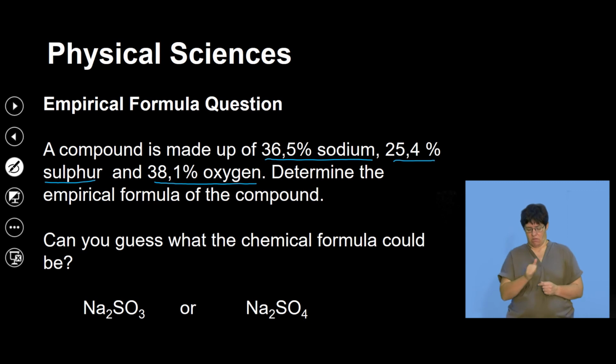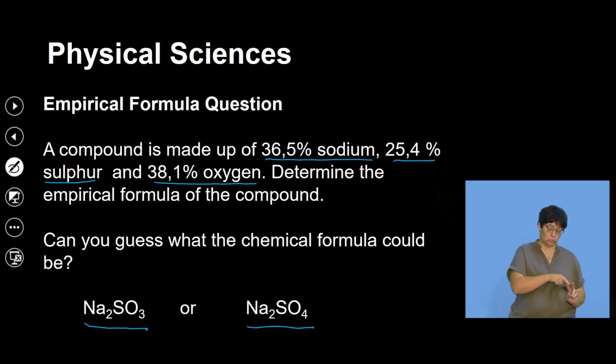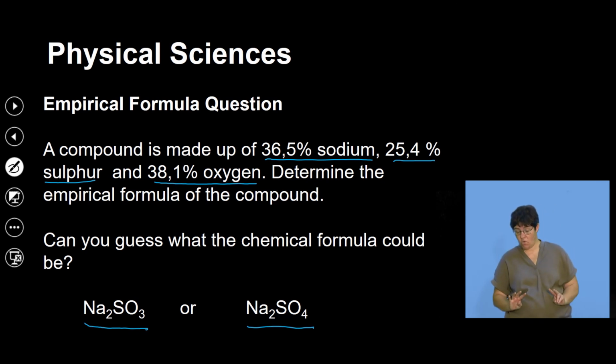So we've got sodium sulfite and sodium sulfate. Okay, now if you look at the percentage by mass, let's say for argument's sake, compare sodium to oxygen. In the sulfate, it's 2:4 for the sodium to oxygen ratio, while in the sulfite it's 2:3.